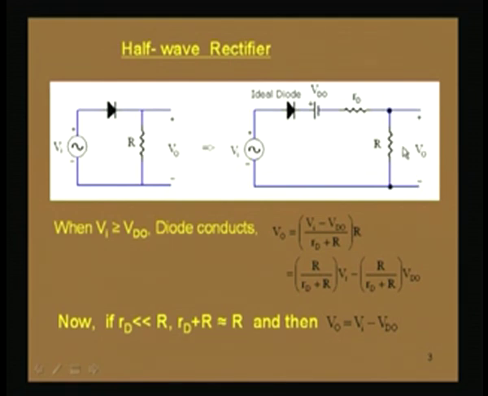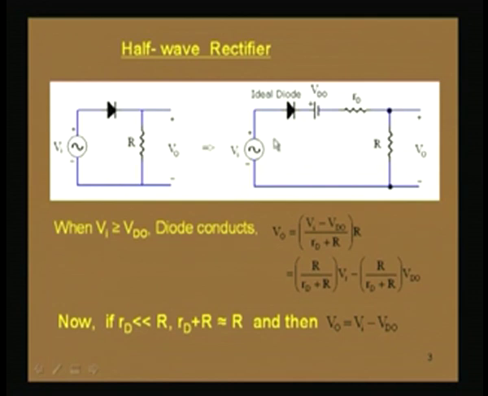Now, this is an AC supply. So, in a complete time period T, it will have one positive half cycle and a negative half cycle. Whenever this V I is greater than or equal to V D naught, that is the threshold voltage, the diode will conduct.